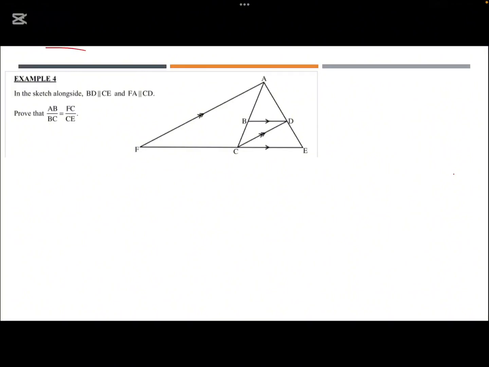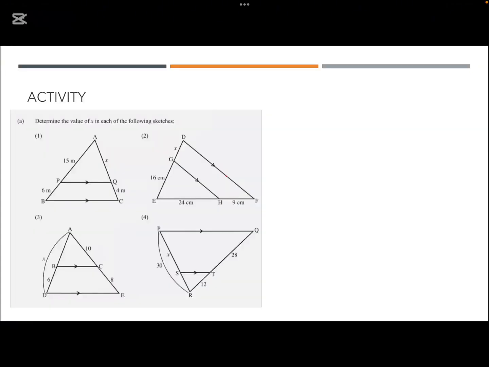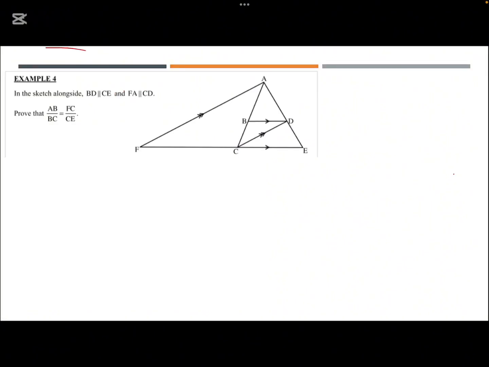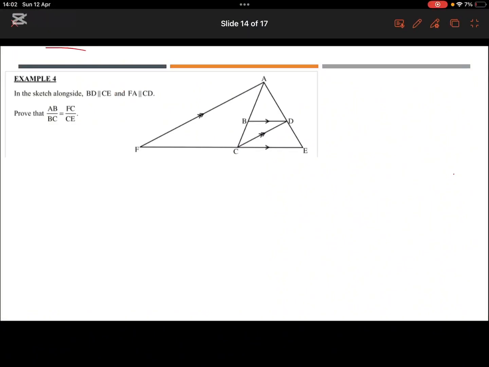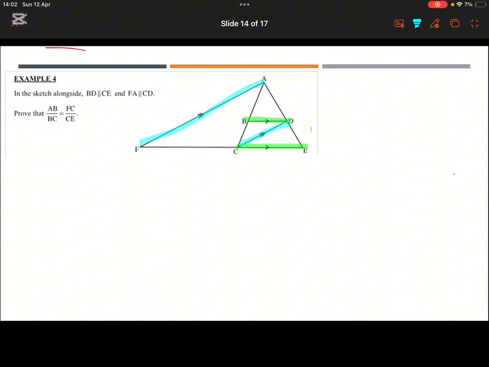Okay, let's now take a look at another example. In the sketch along the side, we have BD, which is parallel to CE. Moving forward again, we have FA, which is parallel to CD.